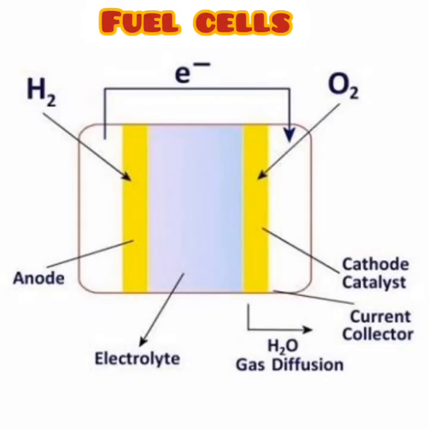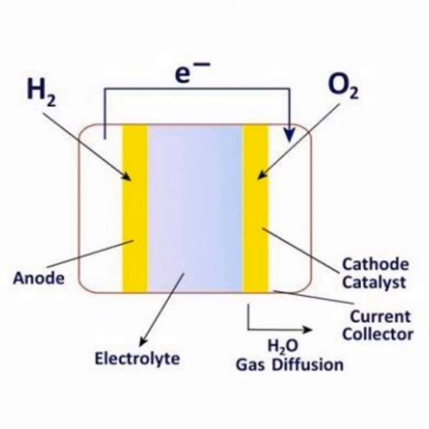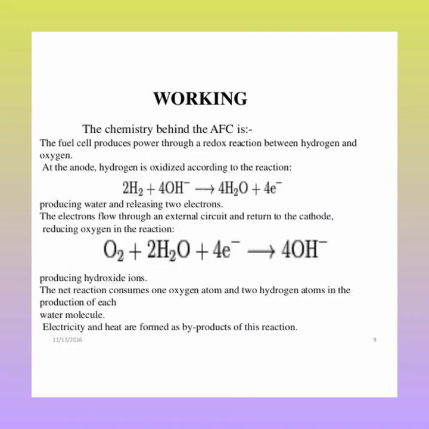Next is the fuel cell. These are devices which convert the energy produced by the combustion of the fuel directly into electrical energy. For example, H2-O2 fuel cells consist of porous carbon electrodes containing a suitable catalyst like platinum or palladium, and H2 and O2 are bubbled through the porous electrode into aqueous NaOH or KOH.